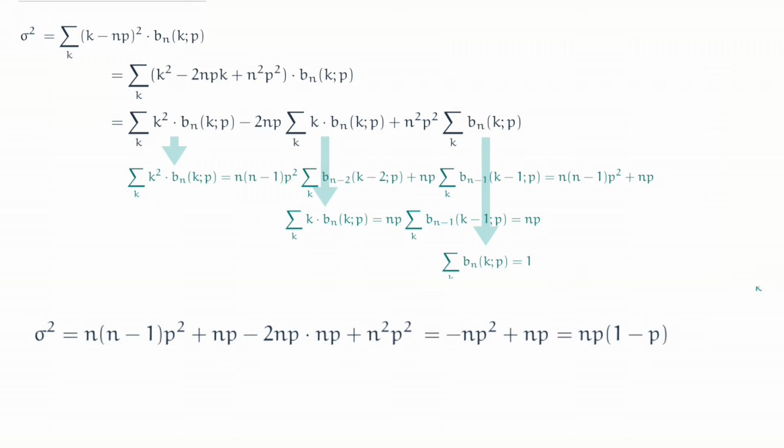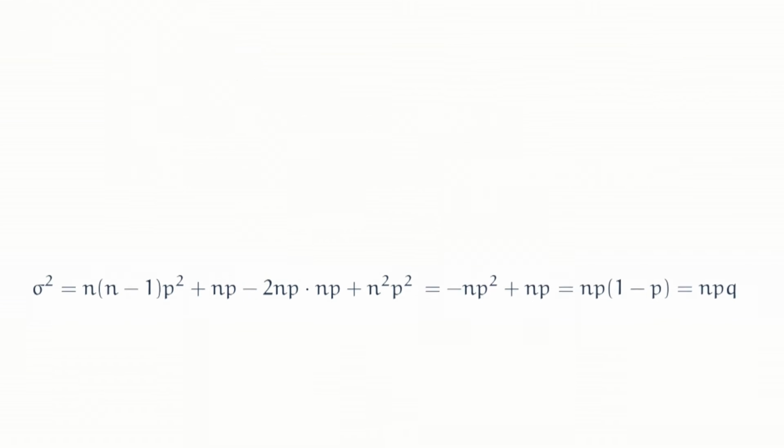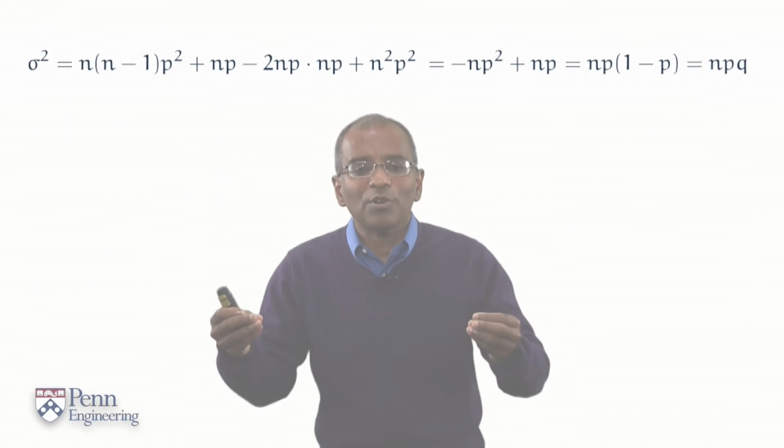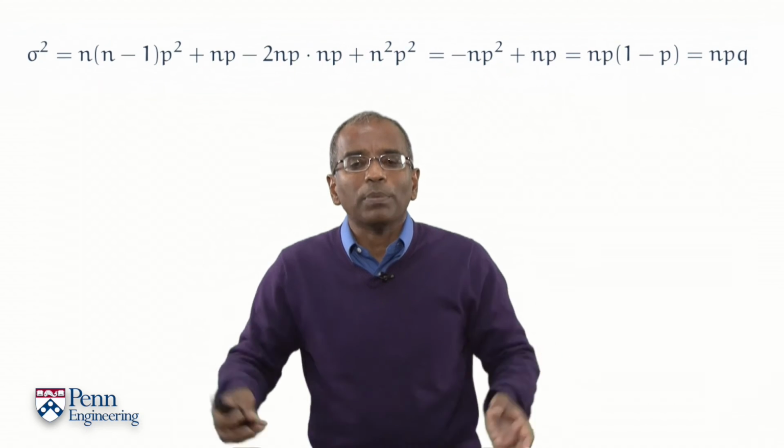One more step makes it completely transparent. We realize that 1 minus p is exactly the failure probability q, and therefore the variance becomes npq. Again, one could hardly ask for a simpler resolution of what looked like a very complex sum.